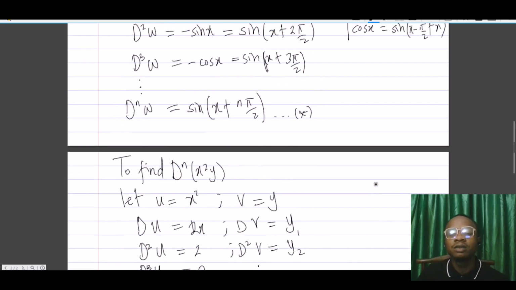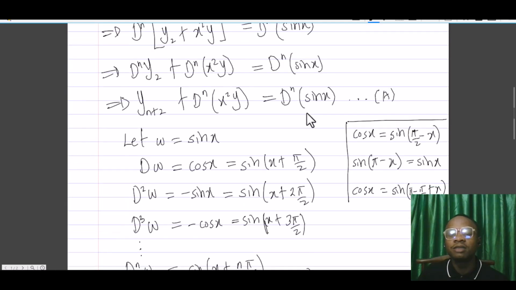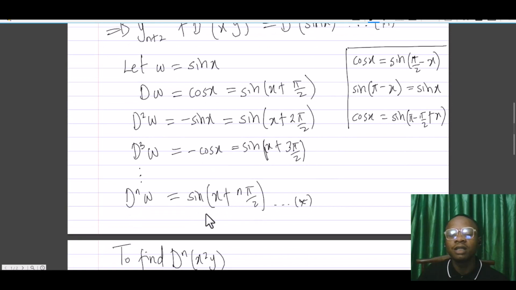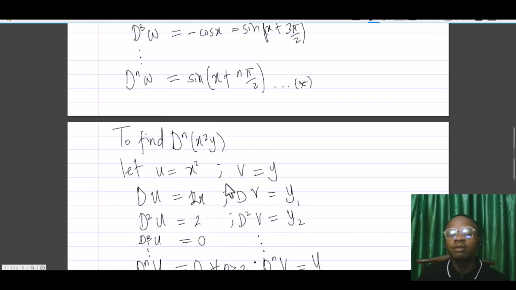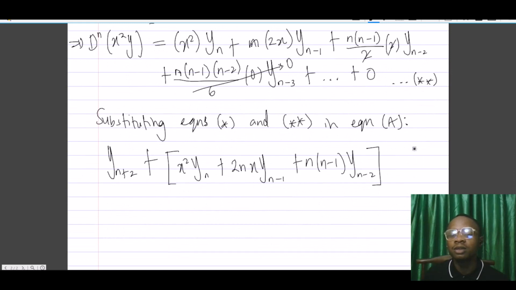Then from equation A, this is equal to the nth derivative of sine x. We've seen that the nth derivative of sine x is sine of x plus n pi over 2. So we can write that here. So this will be equal to sine of x plus n pi over 2.